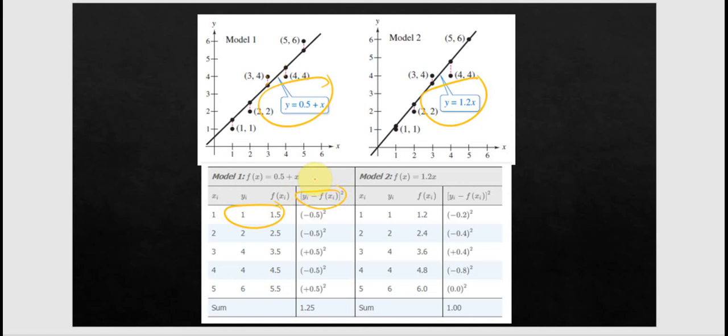So we get the idea of least squares, this idea of a regression, where they take these sums of the squares of the differences, that is, they sum them up, and here you get this sum, and then for model 2 we get the sum down there of the squared differences.